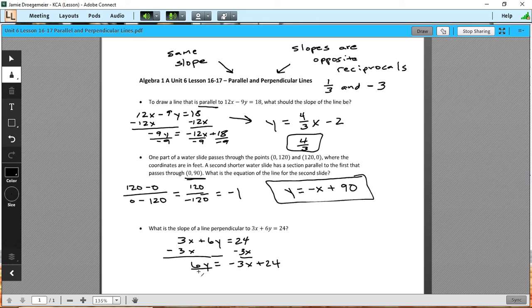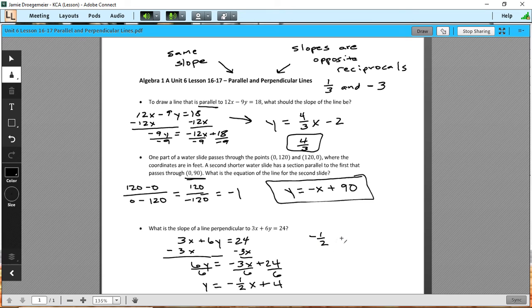Then I need to divide everything on each side by 6. 6y divided by 6 is y. Negative 3x divided by 6, well, negative 3 over 6 would be the same as negative 1/2 x. And then 24 divided by 6 is 4. So the slope of the original line is negative 1/2.